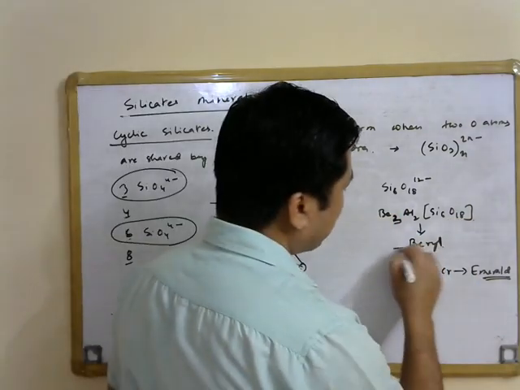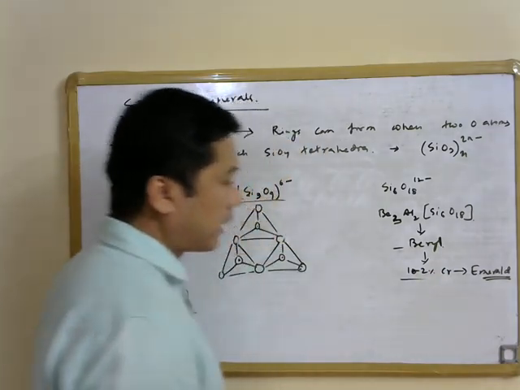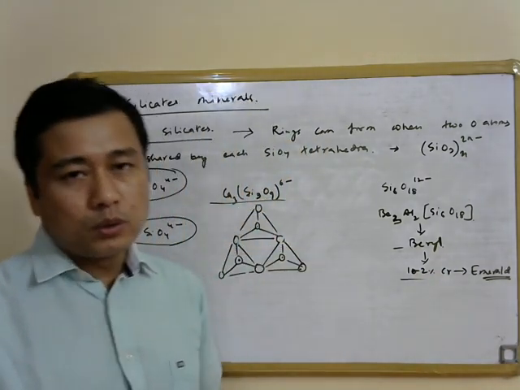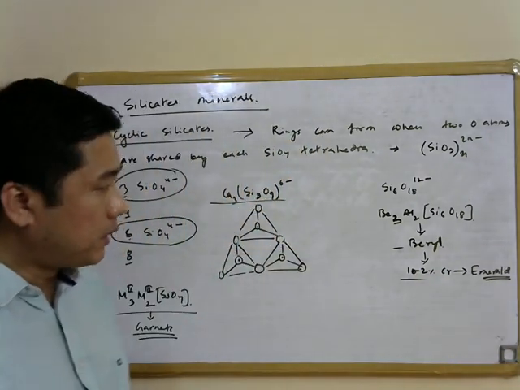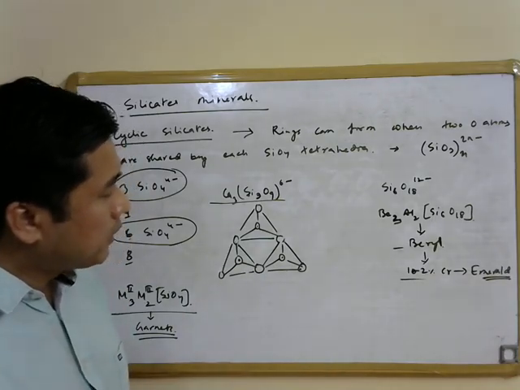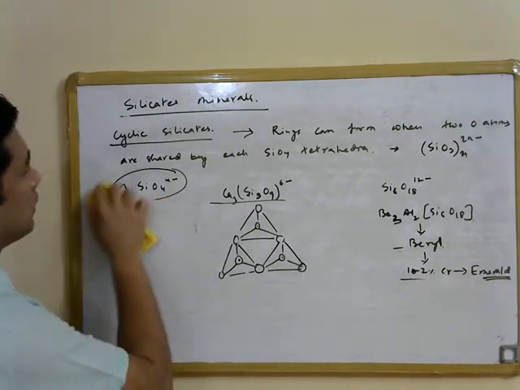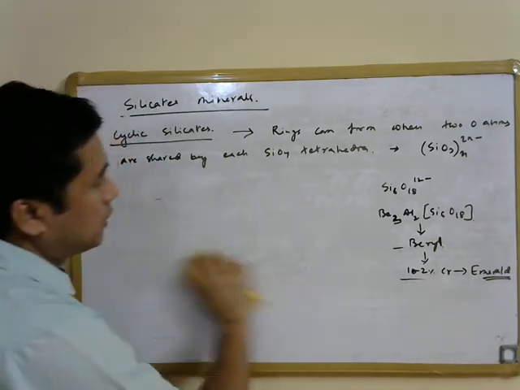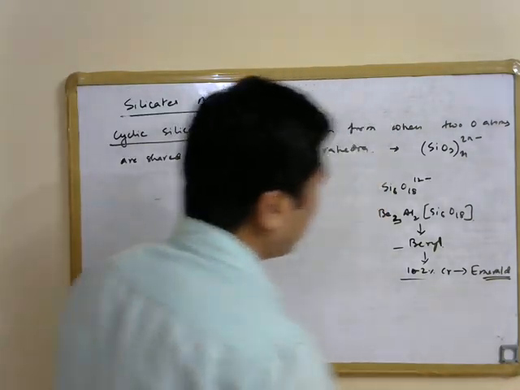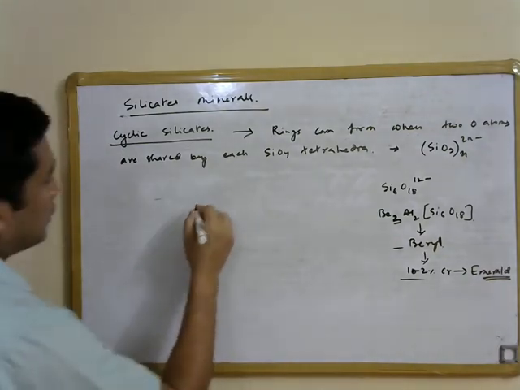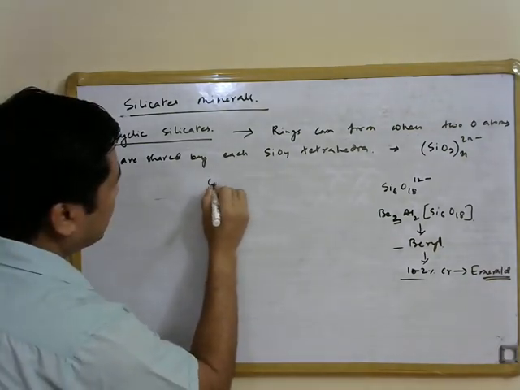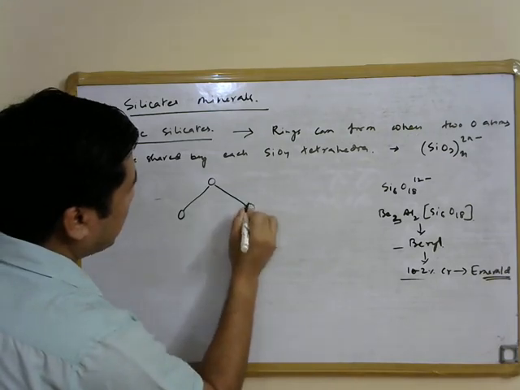The only difference between beryl and emerald is that in emerald a 1 to 2% chromium impurity is present. So we can also draw the structure of this Si6O18 12 negative ion, where 6 SiO4 units are condensed together.